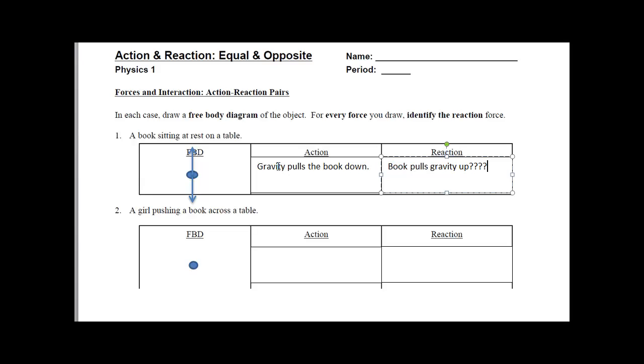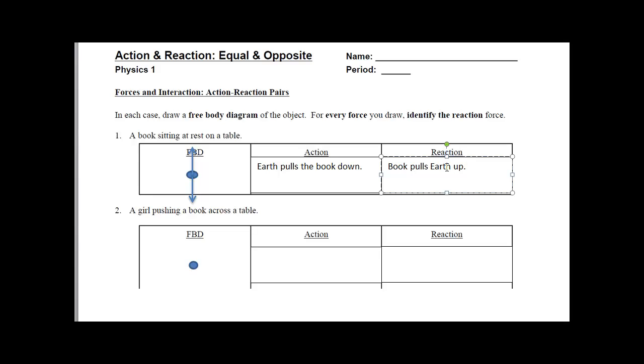No. So what is gravity? It's what's pulling the book down. And what we'll find out is that that's actually the earth pulling the book down. And that means that the book pulls the earth up. And so there we have our action-reaction pair, and it's as simple as that.